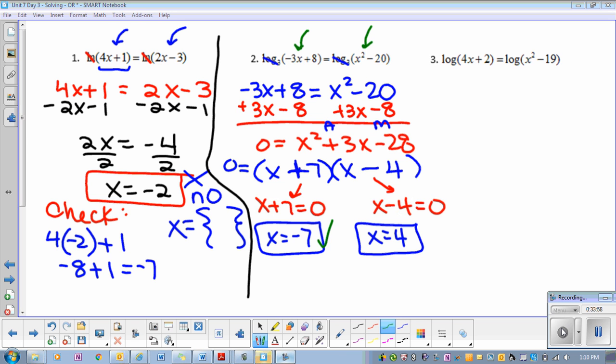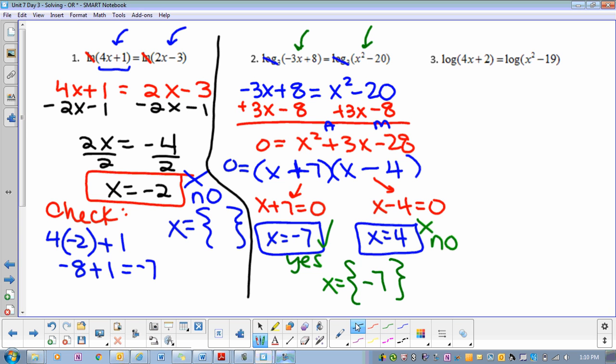This one works. 4 does not. 4, let's see. -12 plus 8. Oh, that's a negative. Nope. So, -7. Do you guys see what I'm doing? You need to put it back into the parentheses after log. And if it equals a 0 or a negative number, it is not a solution.